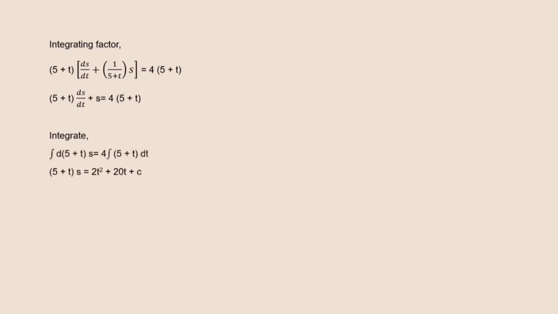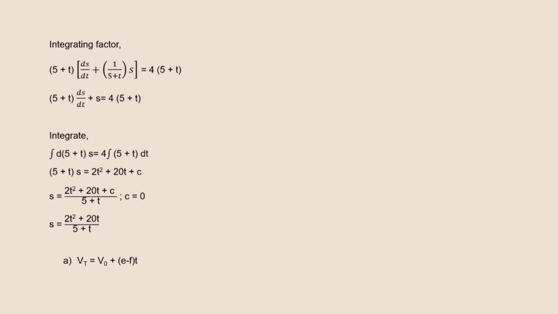We get 5 plus t times S, and at the right side 2t squared plus 20t plus C. Get S is equal to 2t squared plus 20t plus C over 5 plus t, where C is equal to 0. And then when we put the value of C, which is 0, we get the value of S is equal to 2t squared plus 20t over 5 plus t.